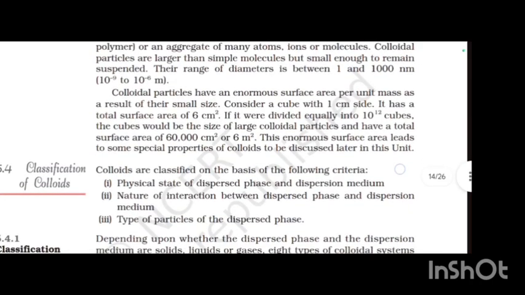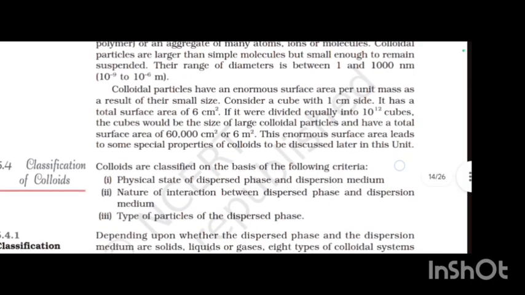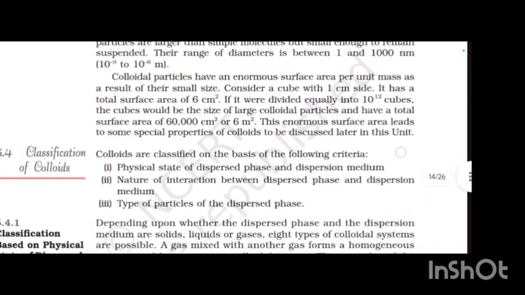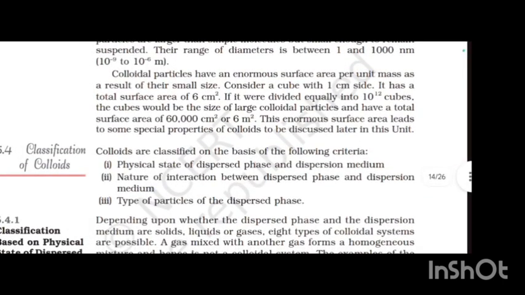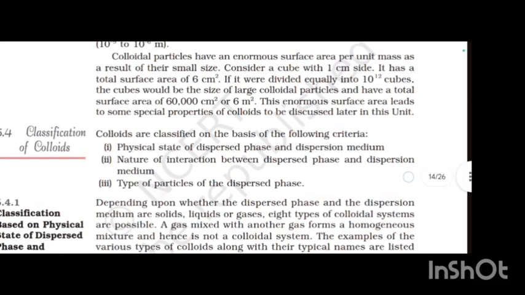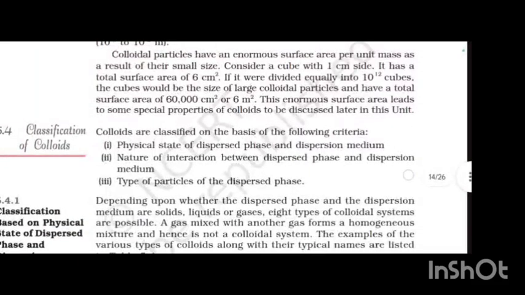Colloidal particles are larger than simple molecules but small enough to remain suspended. Their range of diameters is between 1 to 1000 nanometer, 10^-9 to 10^-6 meter. Colloidal particles have an enormous surface area per unit mass as a result of their small size.